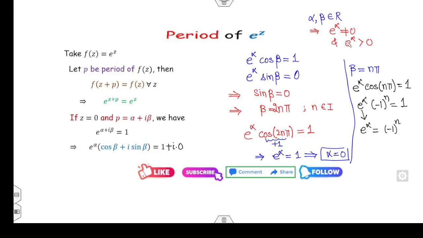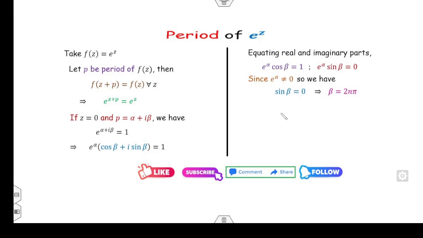But e raised to power alpha can never be less than 0, fine, because alpha is real. So when will it be positive? Whenever n is an even number. So whenever n is even, this n is basically 2n. So that's why I write directly here 2n. Clear? So therefore, you can see alpha is 0.